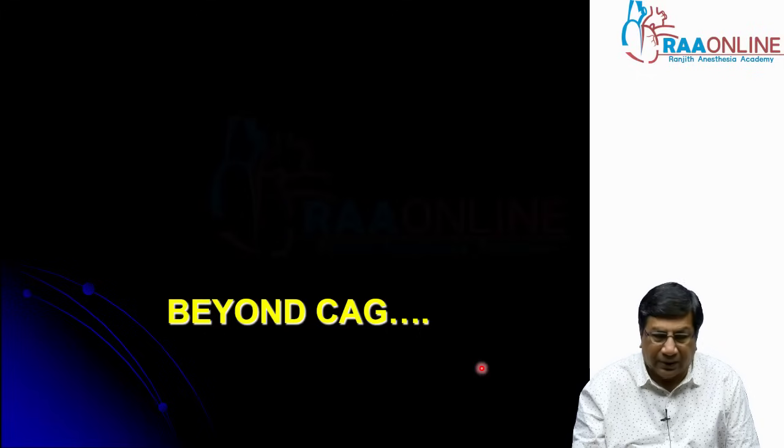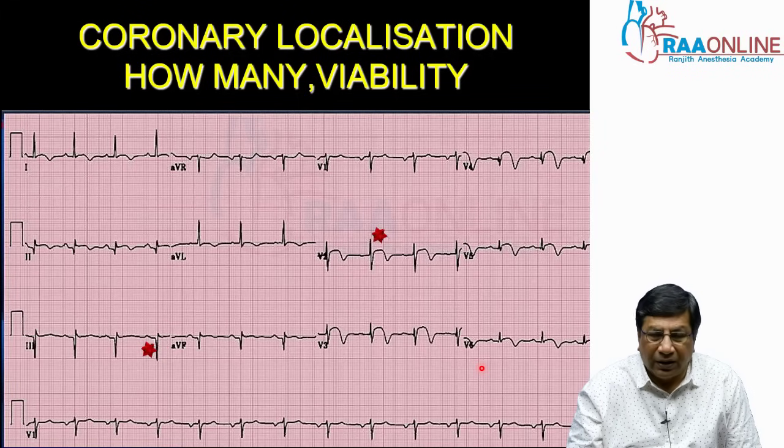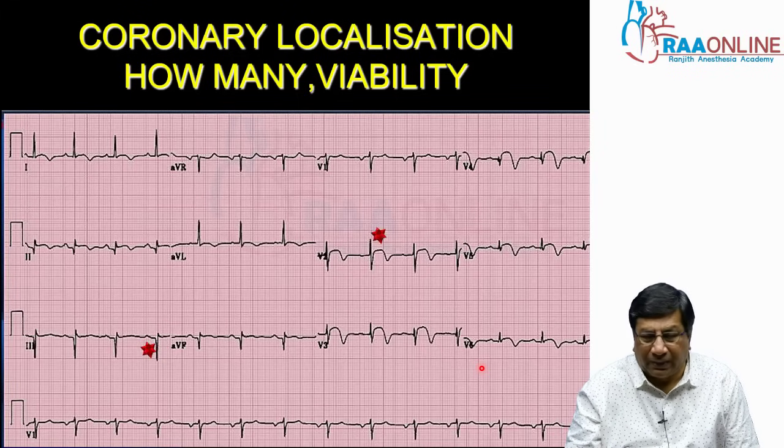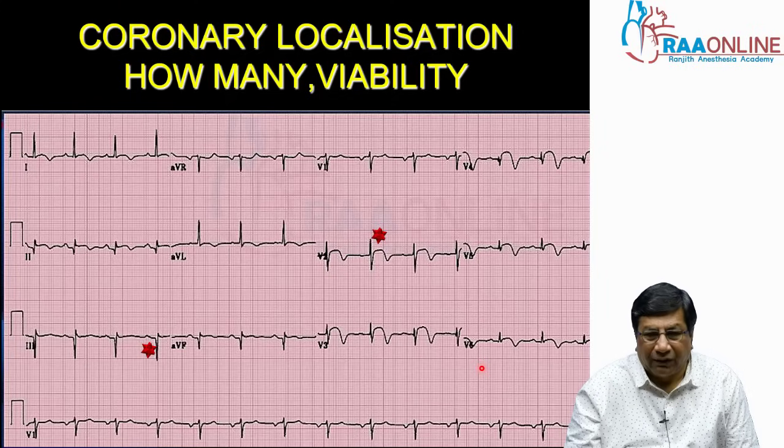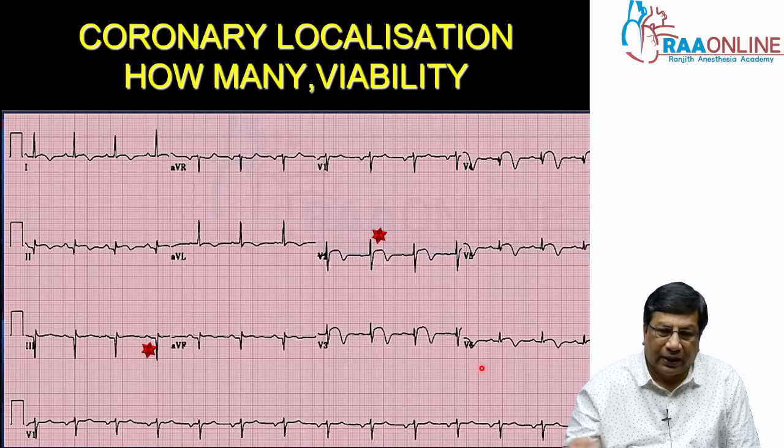How many coronaries are obstructed? Beyond what we have told you regarding the perfusion abnormality, locating the coronary artery, and predicting the prognosis, now we come to how many arteries are involved. There is some information about viability from the ECG which is not shown by the coronary angiogram.